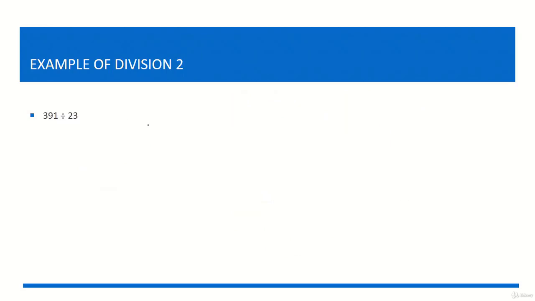Let us check this: 391 divided by 23. If you are not able to do this, if you don't know the table, then what you can do?